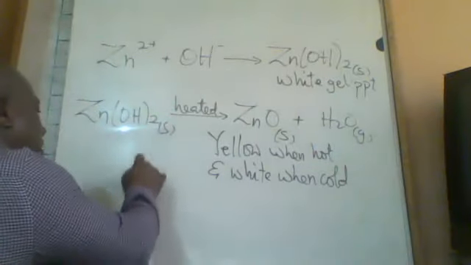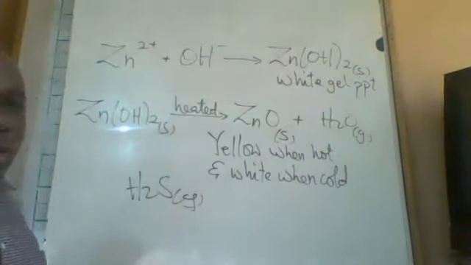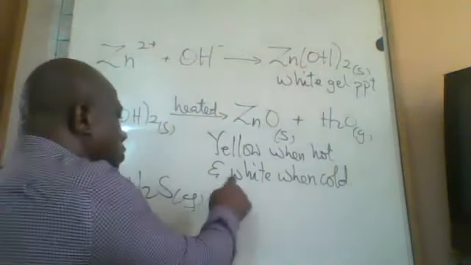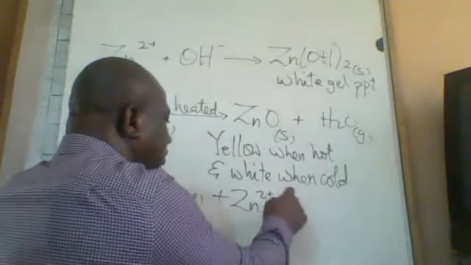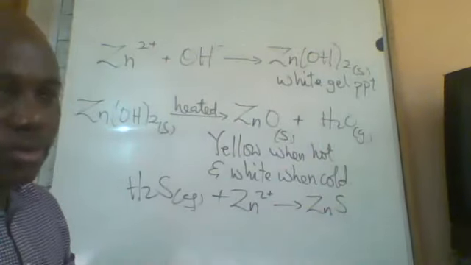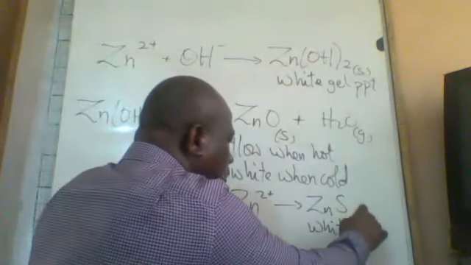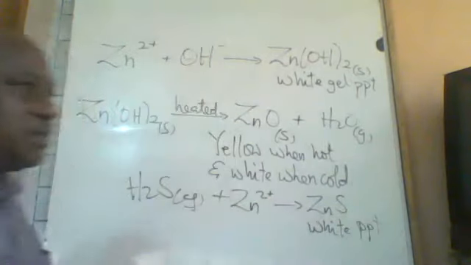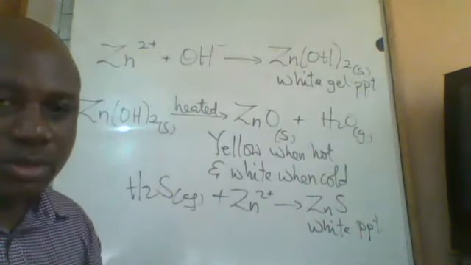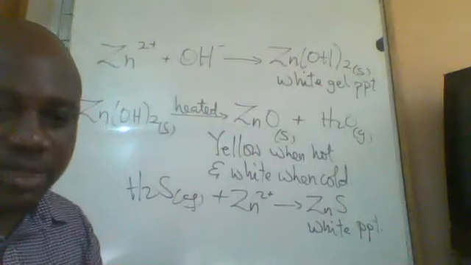So using hydrogen sulfide, it will be able to react with the zinc 2 ions to give you zinc sulfide. The zinc sulfide is a white PPT. So you can use this one to also confirm the zinc.